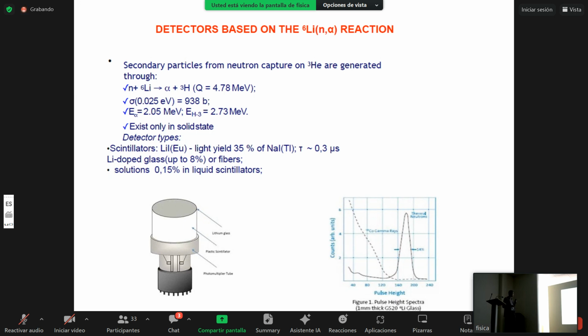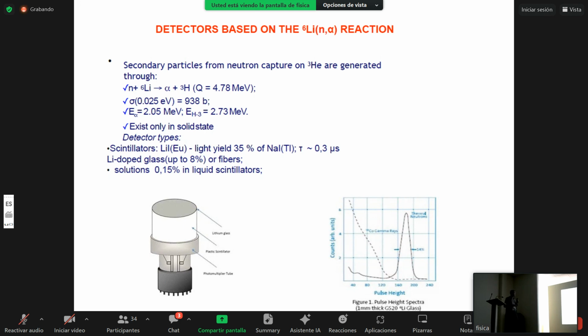The main advantage of lithium is that you have higher energy, about 4.7 MeV, but the cross section is low, so you always have to find a compromise between the cross section and the energy. It depends on your application. If the energy is high, it's easier to distinguish between neutrons and gamma rays.